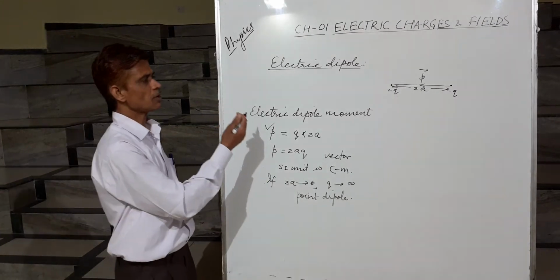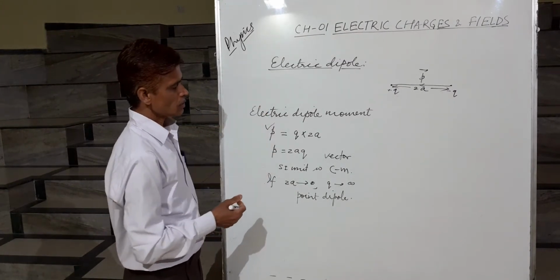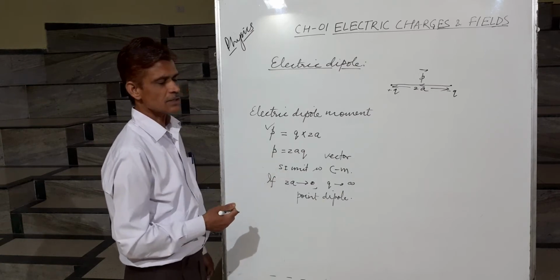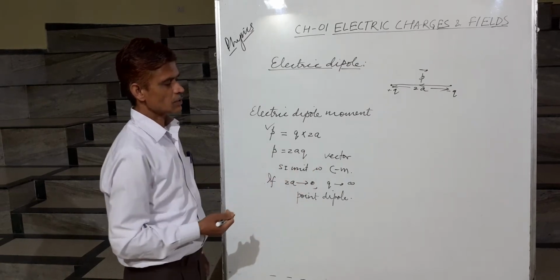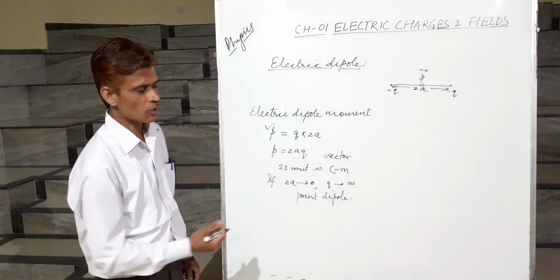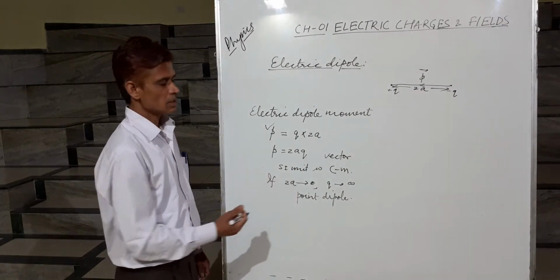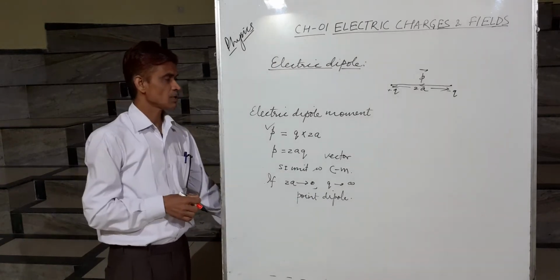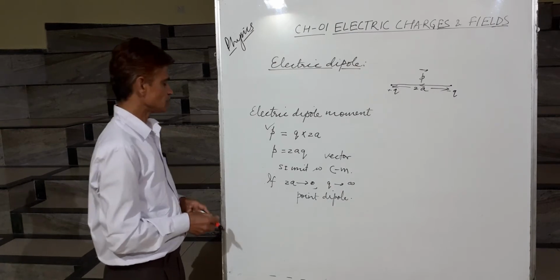Now this was all about the electric dipole: what is its magnitude, what is its direction, and the unit. And I also explained what is the point dipole, because this is asked in the board examination as a question of 1 mark.